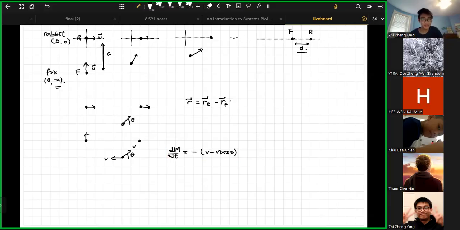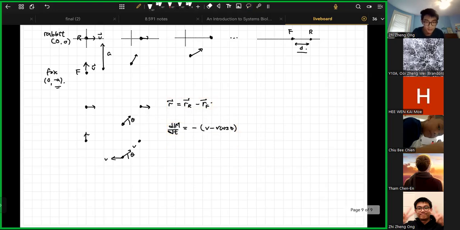Something else that might also change is the position of the fox. How does the fox position change?